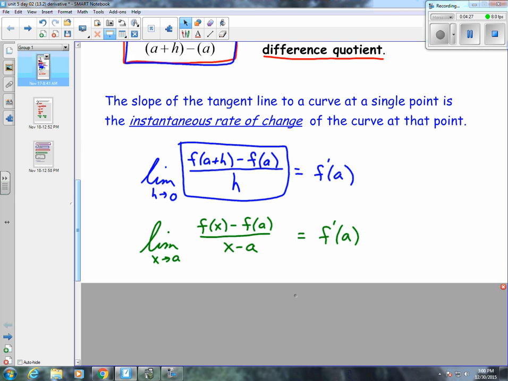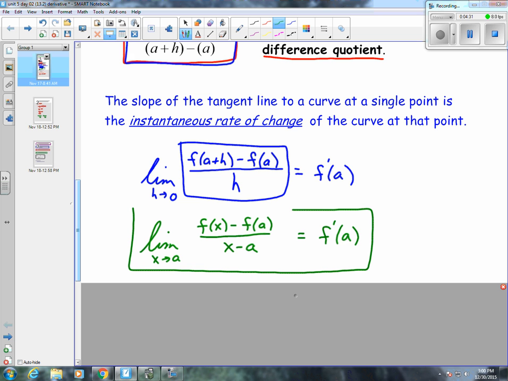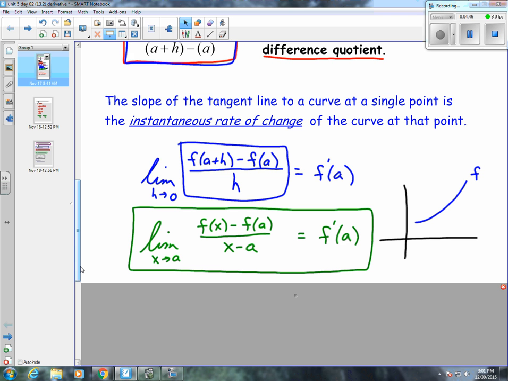Now sometimes you'll see another form for the definition of a derivative, and that's f of x minus f of a over x minus a. And that really comes from the same picture, or a similar picture. So let me just draw this very quickly. We have a function here, call that f. And let's label this point A again.